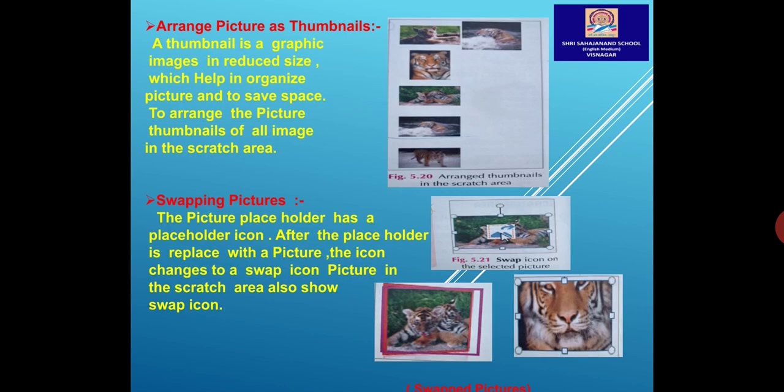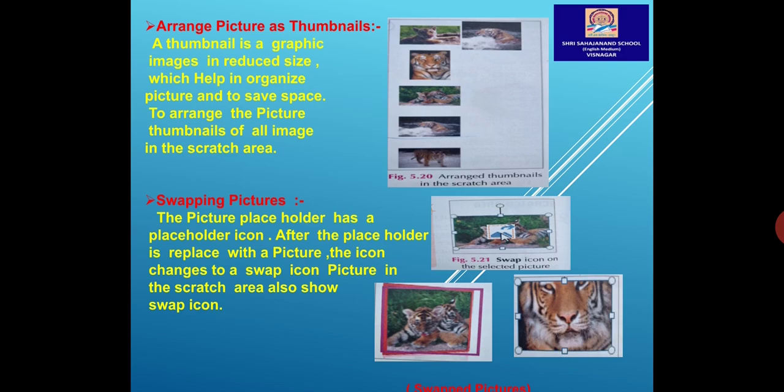Now next one is arranging pictures as thumbnails. First thing, what is the meaning of thumbnail? A thumbnail is a graphic image in reduced size which helps in organizing pictures and saving space. To arrange the picture thumbnails of all images in the scratch area, here is a figure about it.